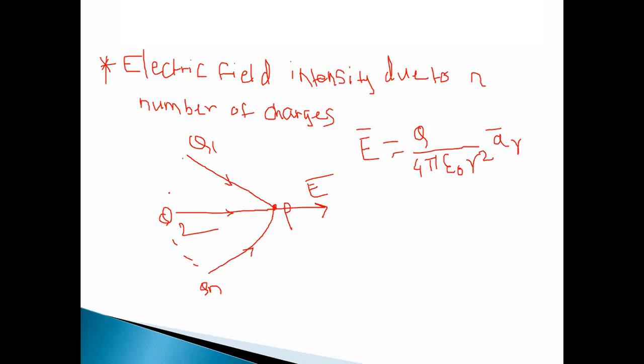Now we can write the equation for E bar by considering all the charges, because we are simply adding. If the number of charges are given, we are simply adding this. Therefore, this E bar can be written as, if we consider the first charge Q1, we'll take 1 upon 4 pi epsilon 0 common.